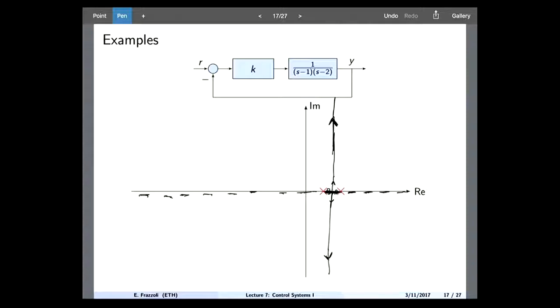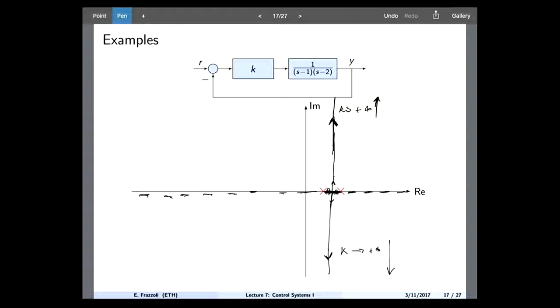So then for k going to plus infinity, you go up here, and for k going to plus infinity, you go down here, okay? So the 2 poles for small values of k will start at the open loop poles. They will get closer, break away, and go to infinity, up and down.